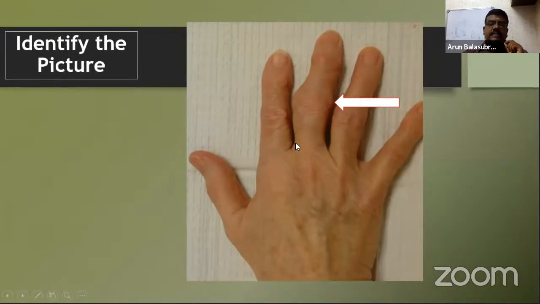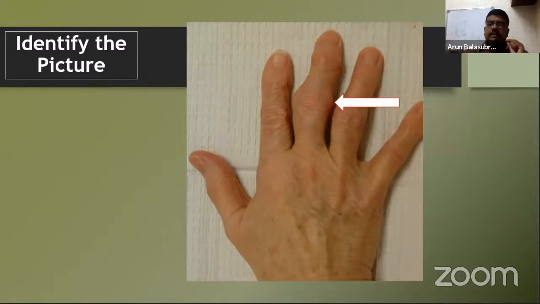What is the deformity here? Don't say it is rheumatoid arthritis. What is the deformity? The patient has some deformity in the proximal interphalangeal joint.